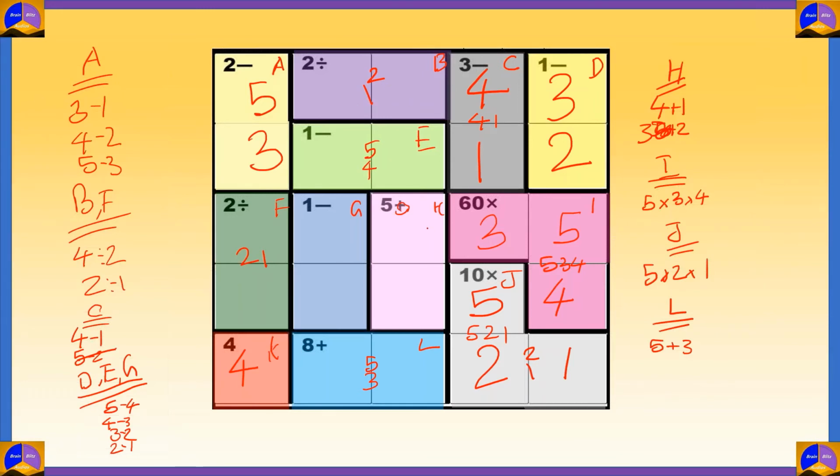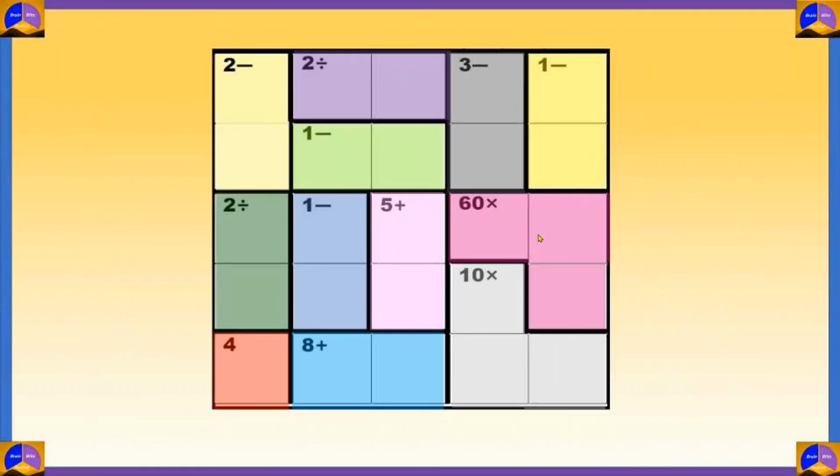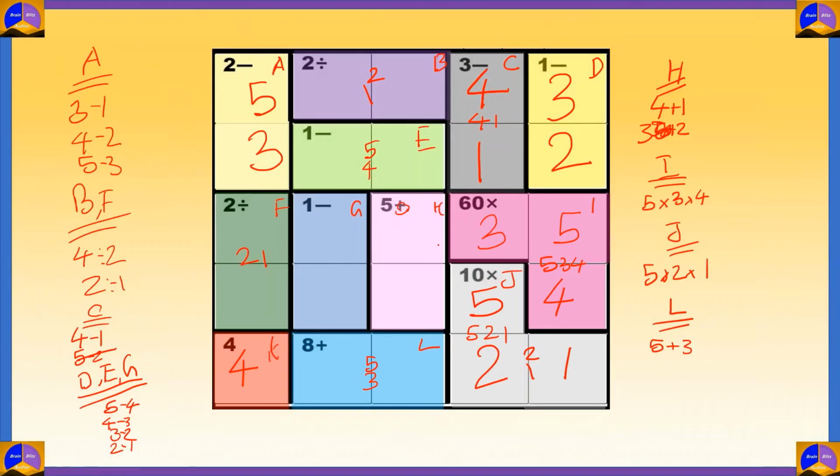Now let's look at cage H. Now in cage H, let's eliminate possibilities, which means that first we'll try one option. Now let's try the option 3 plus 2. Now 3 came over here, so 2 will go over here and 3 over here.